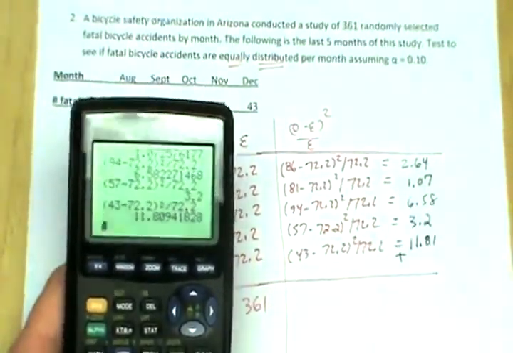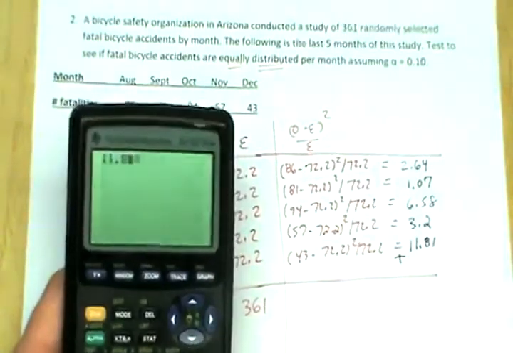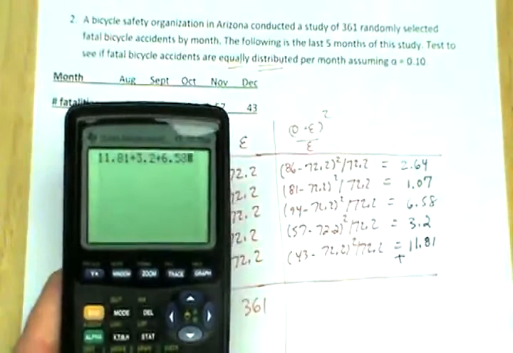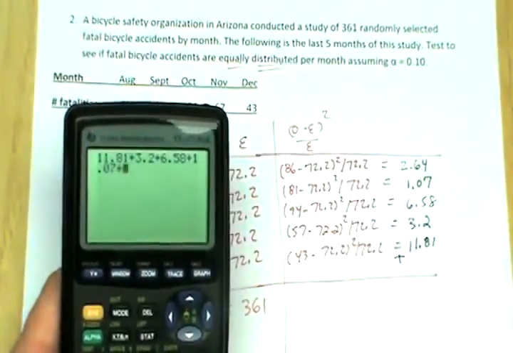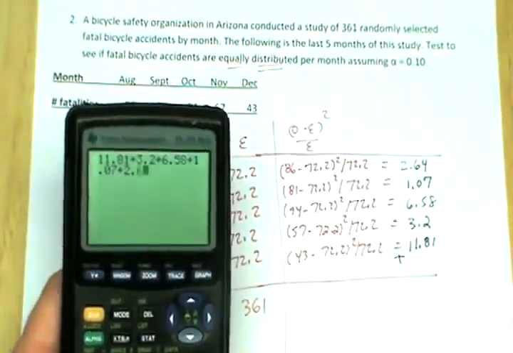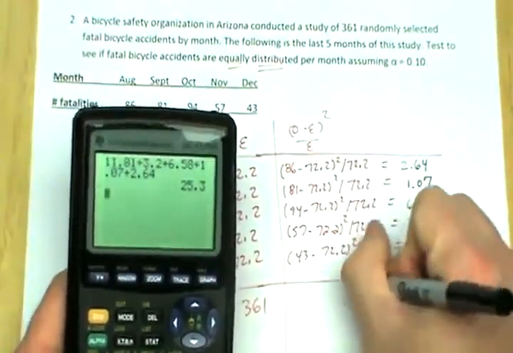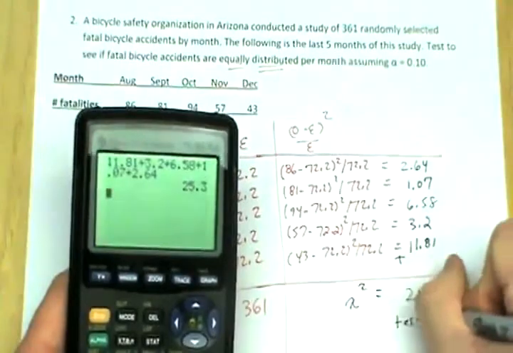Okay, we add those values. So 11.81 plus 3.2 plus 6.58 plus 1.07 plus 2.64, and we get back 25.3. That is our test statistic.